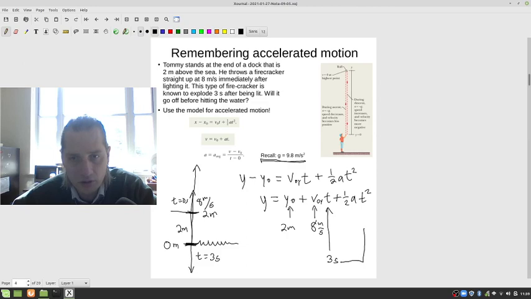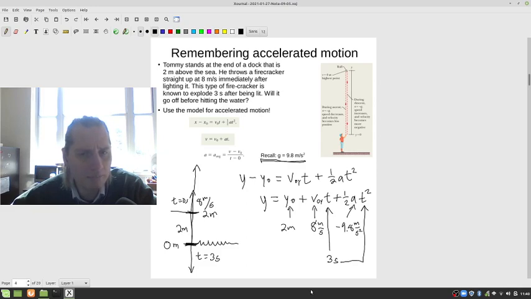So the time in both cases is going to be the same. Notice here we're going to use 3 seconds, and here we're going to use 9 seconds squared because it's t squared. And our acceleration in this case would be minus 9.8 meters per second squared.